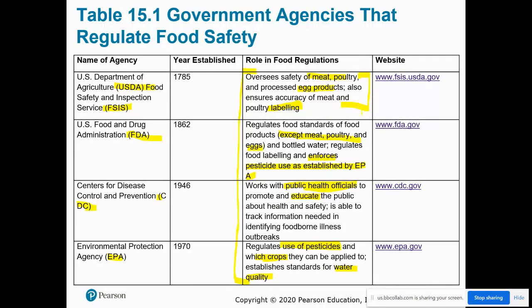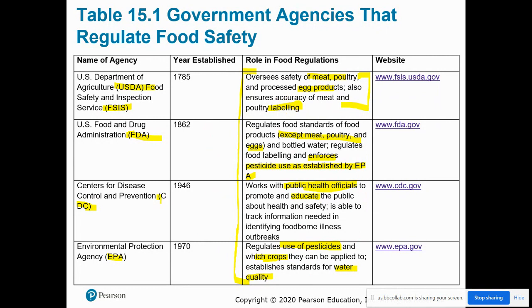So you can see, in a way, maybe it makes sense to break up the different duties. But then you can start to see, okay, if one branch is overseeing meat, poultry, and egg safety, and another branch is overseeing the safety everywhere else, and the EPA regulates the pesticide use, but the FDA is supposed to actually oversee that and enforce it.